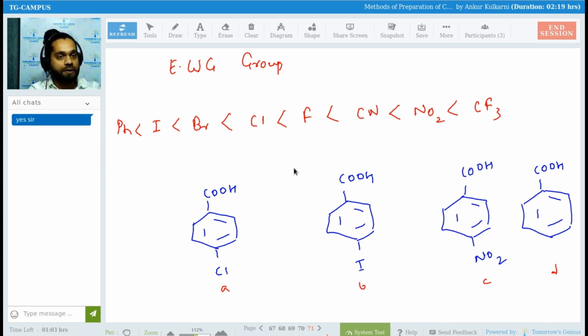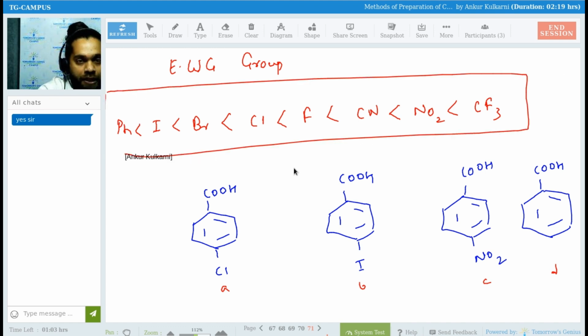Yes, correct. C is the strongest. Then you have chlorine, A. Then you have B, iodine, and in the last, the normal acid. Did you write down the order, Sasidaran? Order is done, Prashanti.